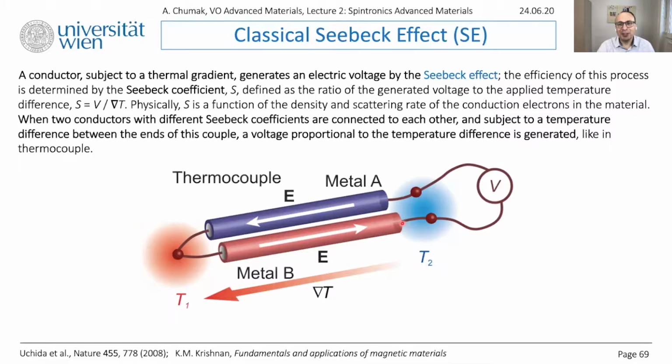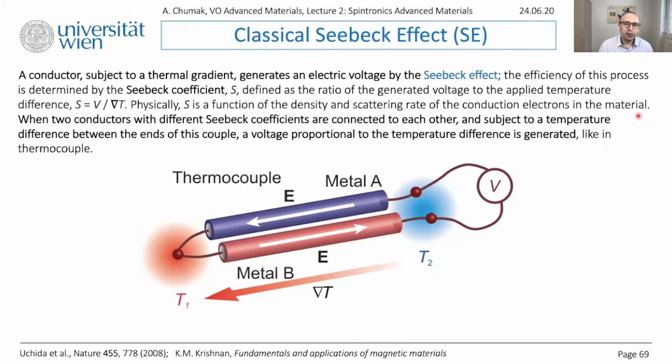This effect is named the Seebeck effect. Its efficiency is defined by the so-called Seebeck coefficient, which you can simply define by dividing the magnitude of the voltage you obtained by the thermal gradient. Physically, this Seebeck coefficient is a function of the density and scattering rate of the conduction electrons in metals.